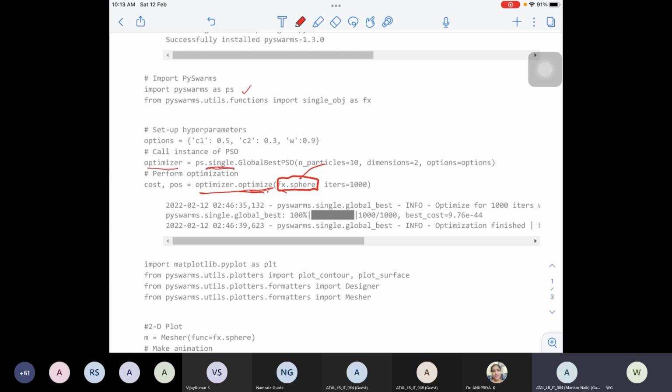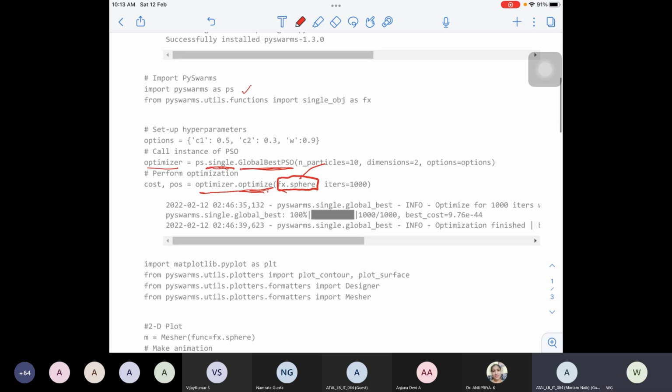You say that this is a single objective optimization, and you are going to use the global best PSO. It may have various variations of particle swarm optimization, and you can select any of these variations.